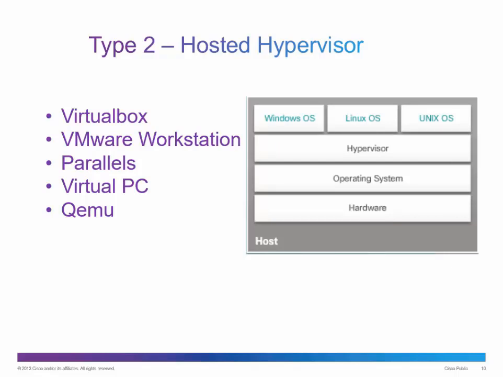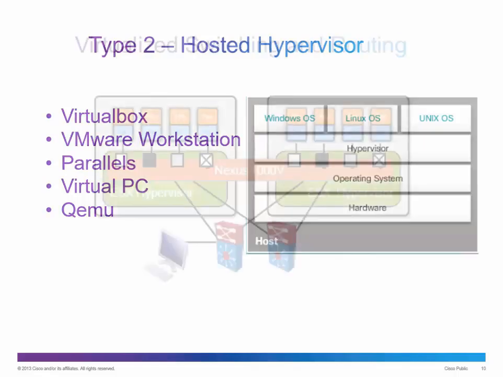In this situation, the hypervisor is an application or program that is installed on top of the host operating system. In other words, you install the hypervisor like VirtualBox or VMware Workstation, Parallels Virtual PC on top of the host computer. You install VirtualBox, let's say, on top of the Windows operating system, and then you can create virtual computers.